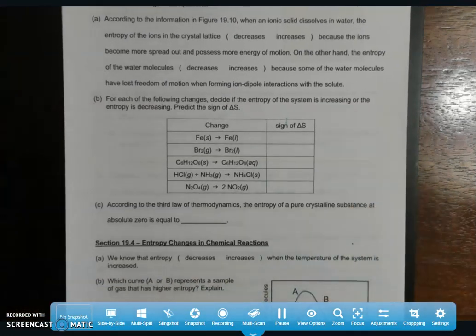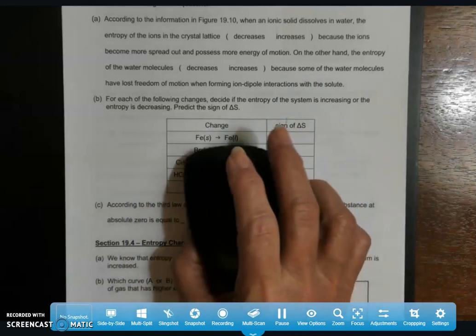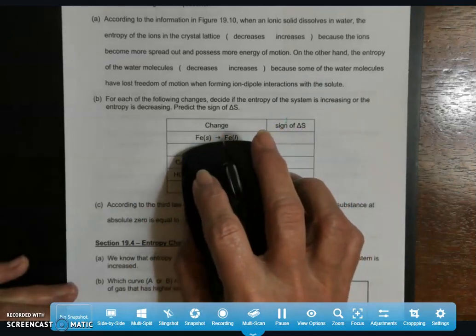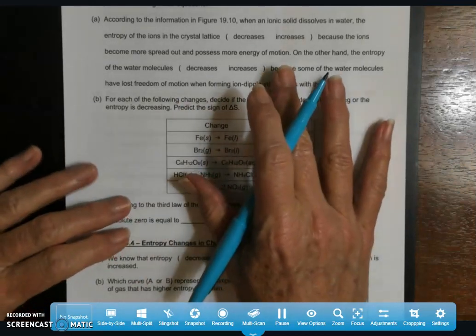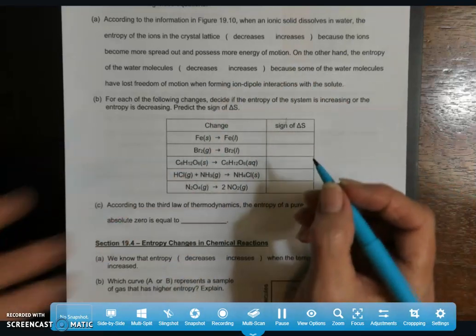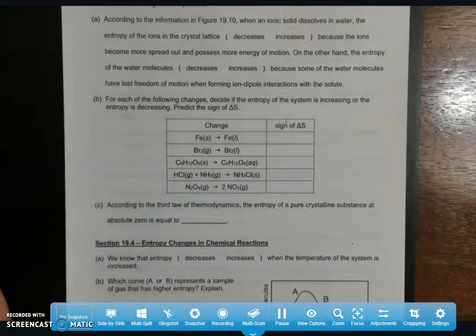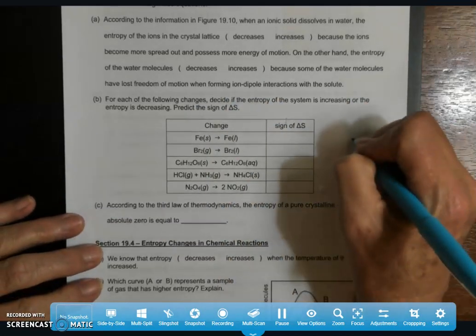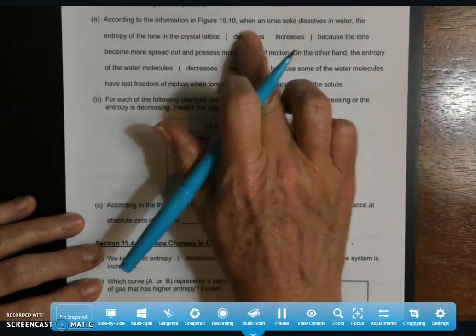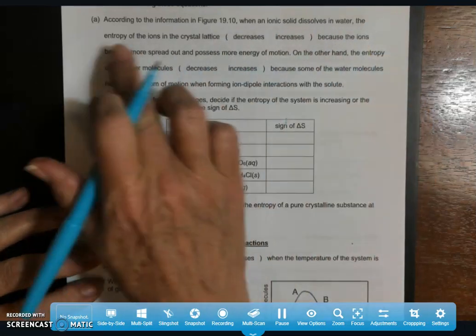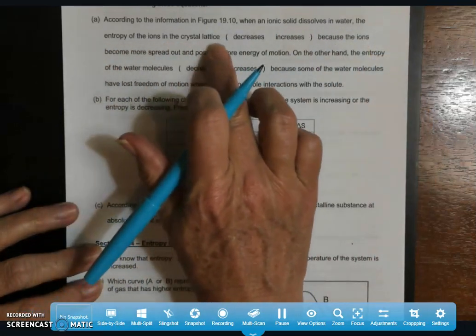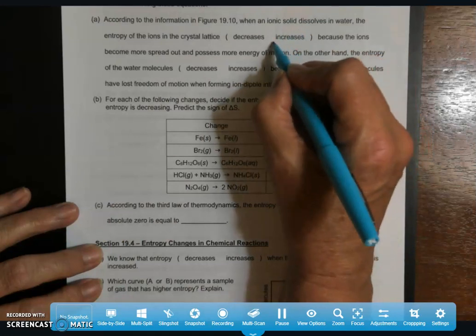So, the first thing we want to look at is what happens when we are dissolving something. Instead of showing you the picture here, I think we should actually draw it. It says, when an ionic solid dissolves in water, the entropy of the ions in the crystal lattice increases, right?